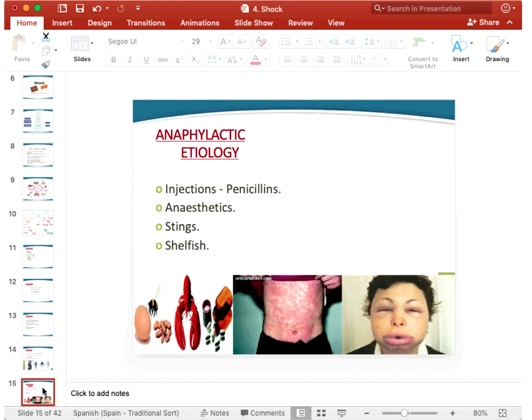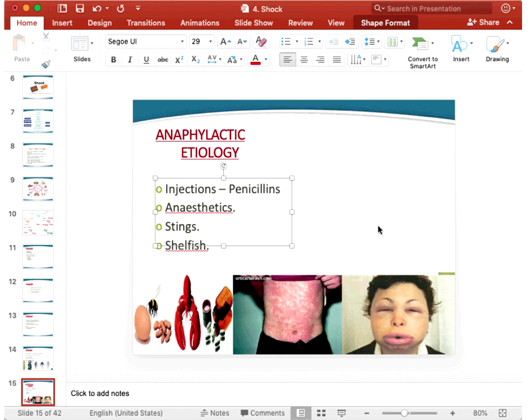The anaphylactic shock is an allergic reaction that most commonly is caused by penicillins, or some anesthetics, or some stings, or shellfish. What do we do? Well, we stop the allergic reaction. How do we stop that? We have to give a steroid quickly.